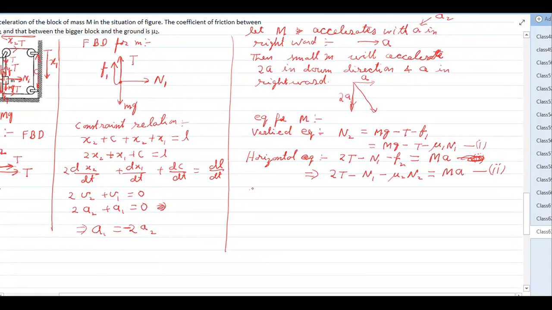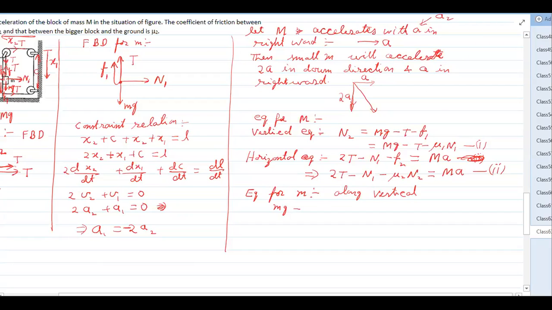Now the equation for small m. This was for vertical capital M. Now for small m, if we see along vertical, small m is moving in the vertical direction as well as the horizontal direction, so in both directions it is moving. Along vertical, it will be mg downward, friction upward, tension upward.